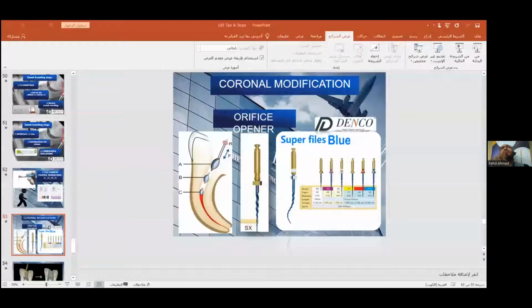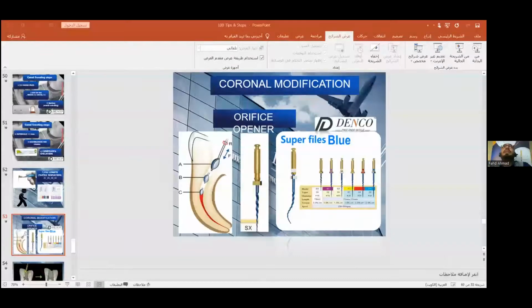When we talk about 23 mm, like we see in this picture, before we do the coronal pre-flaring, it's unflared, then prepared, then pre-flared and concluded. We will take it much easier and get the root. So let's say we use super files, third generation, which follow the prototype system.